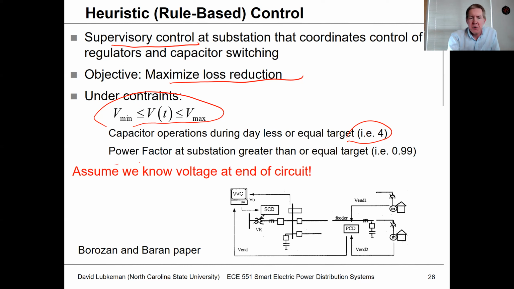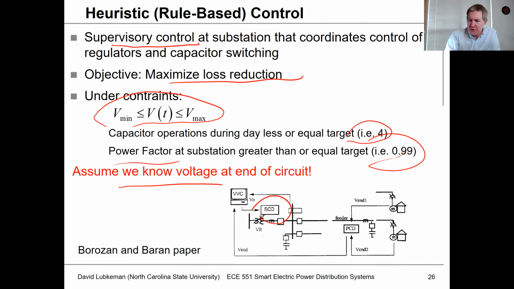We might also have a constraint on our power factor. We need to keep the power factor greater than or equal to some target, maybe 0.99. We want to keep it between 0.99 leading and lagging. Another assumption is that we have the ability to take measurements. We not only have top of feeder information, we have bottom of feeder information as well.